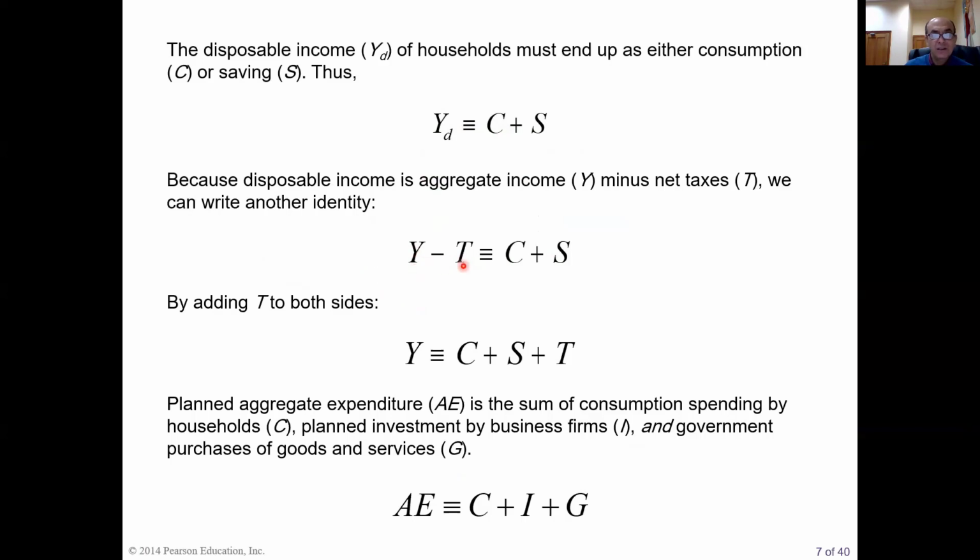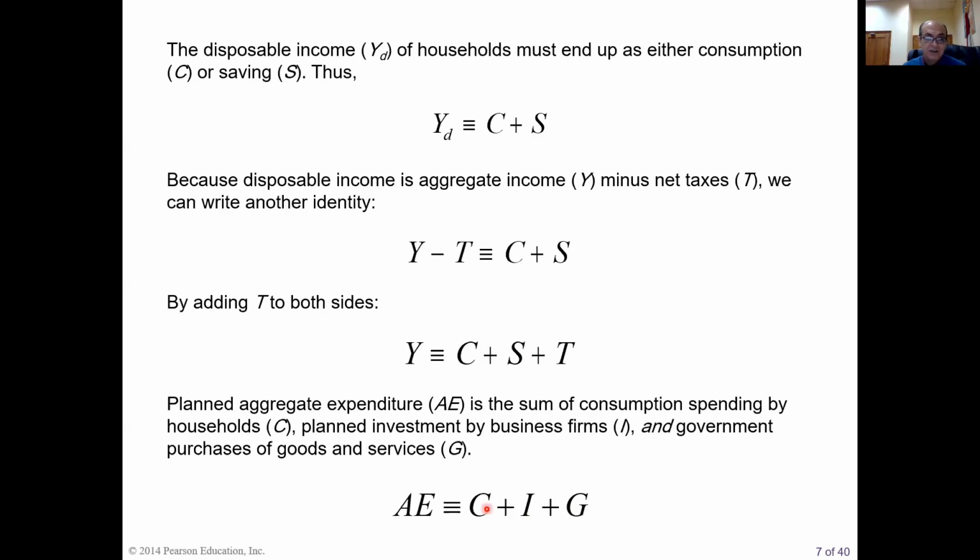In this case, Y minus T equals C plus S. Just taking T from the left side to the right side, we have Y equals C plus S plus T. But aggregate expenditure also consists of three items here: C plus I plus G. If we would like to determine the equilibrium point, we have to make equality between Y and aggregate expenditure, AE.